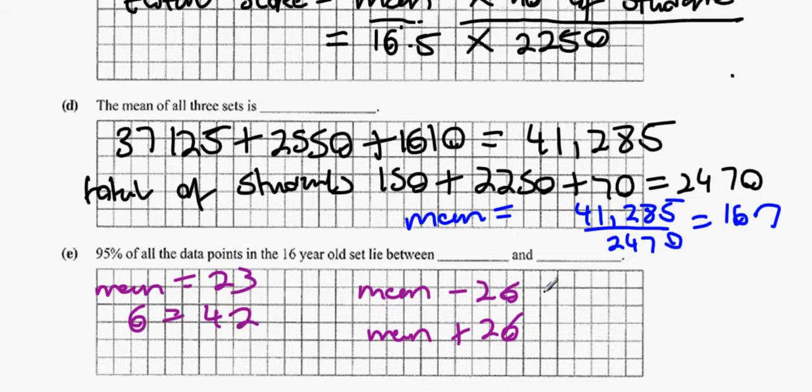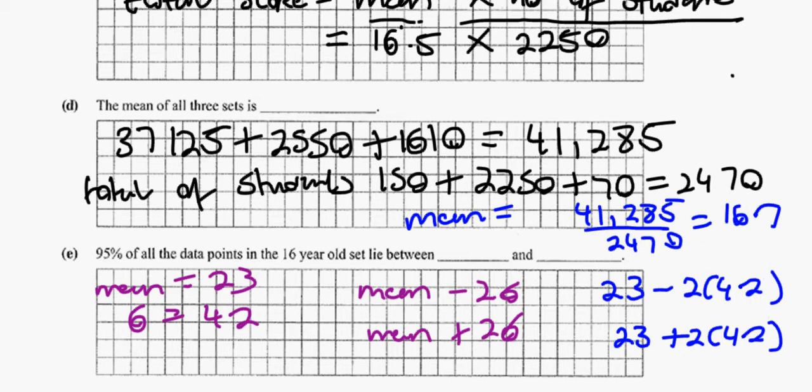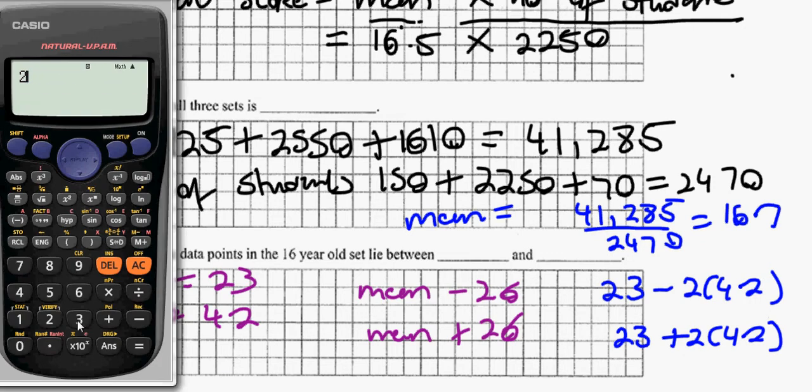So this one here is going to be 23 minus 2 times 4.2, and this one here is going to be 23 plus 2 times 4.2. Let's go straight to the calculator. 23 minus 2 times 4.2. And what we get here is 14.6.